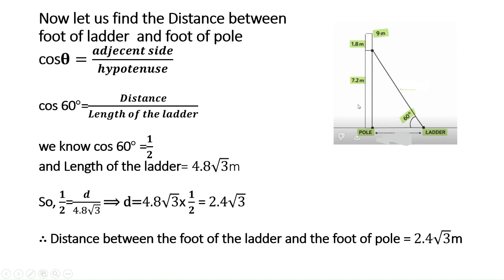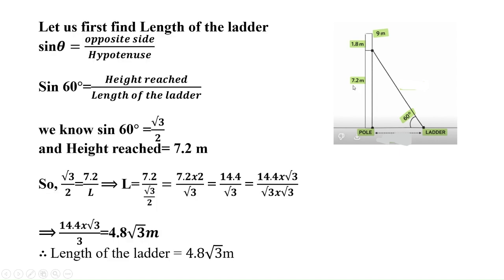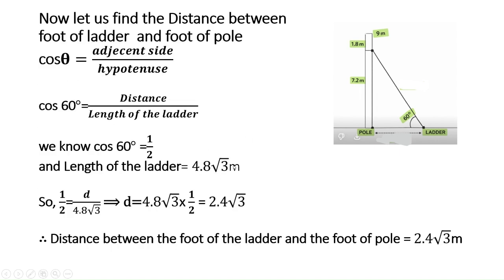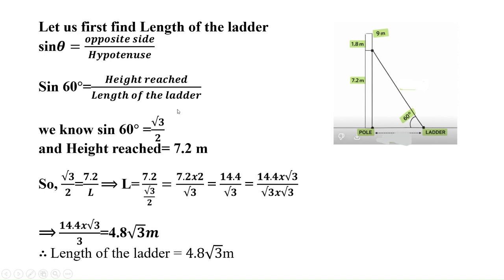And we know the vertical side, the point at which the correction should be done by the electrician, is 7.2 meters. We have the height reached, and we are able to find the hypotenuse, that is the length of the ladder, by using the sine 60 value.